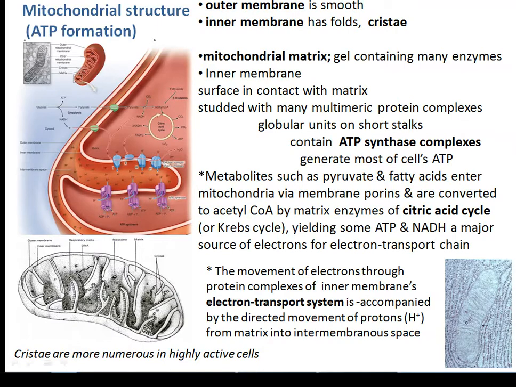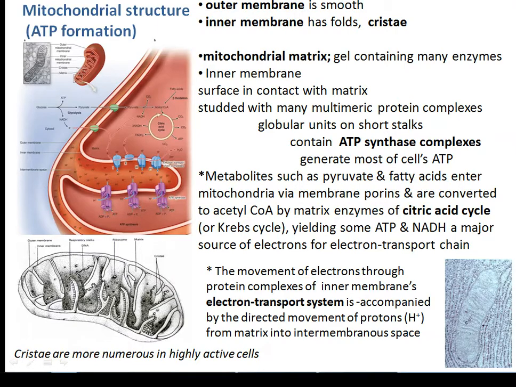These electrons are then transported through the electron transport chain from the first complex to the second, then to the third and fourth. When the electrons are transported, hydrogens from the matrix are carried at each step to the intermembranous space.